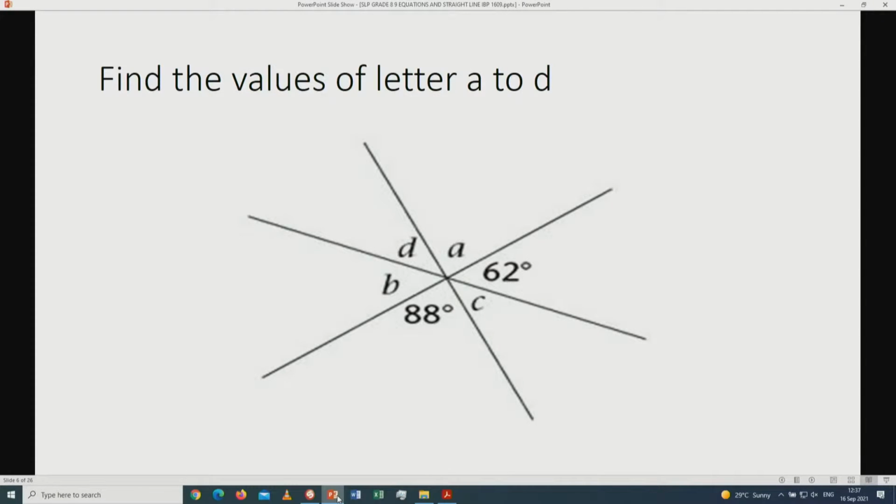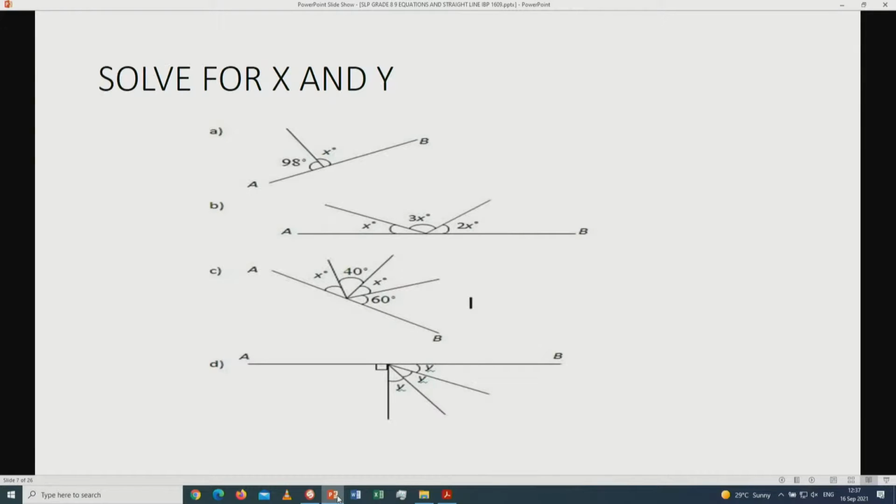Right? We've done that one. This one as well. Have a look at it. What do you see?